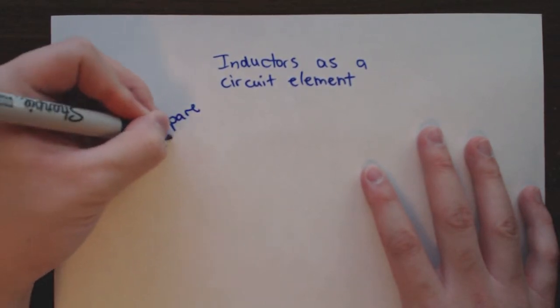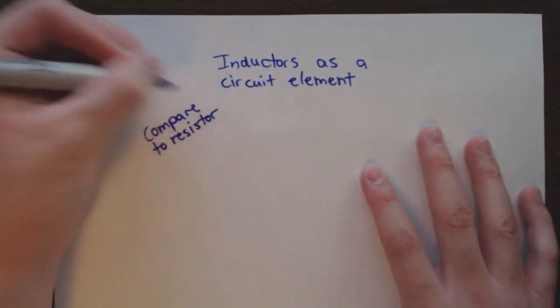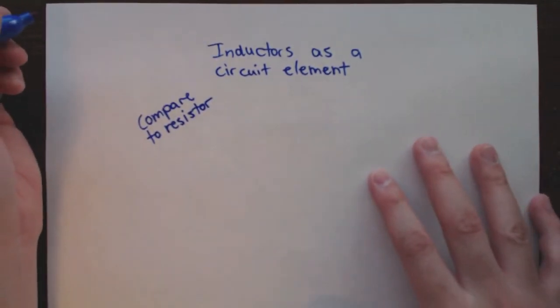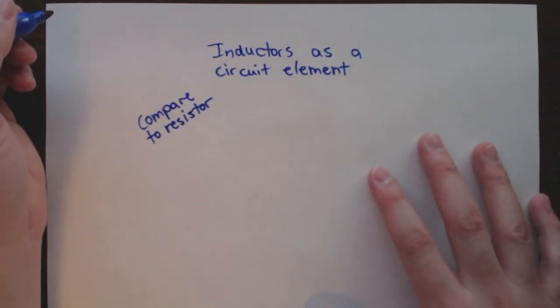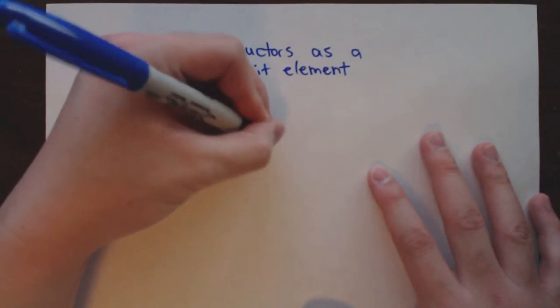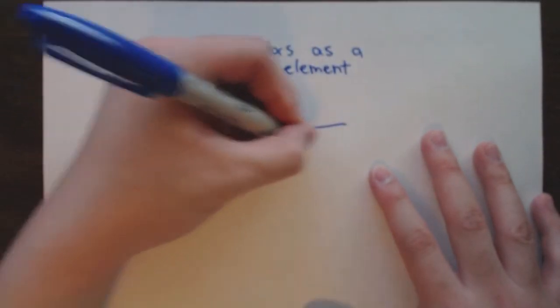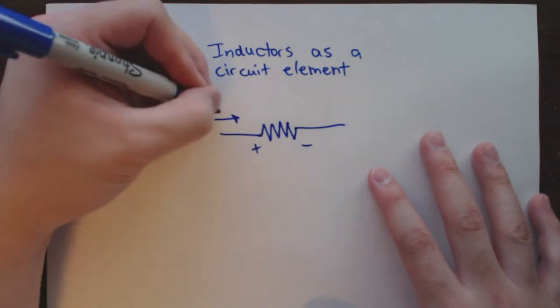Okay, let's compare inductors and resistors because they're circuit elements. What's important here is deciding in what direction it increases potential or decreases potential.